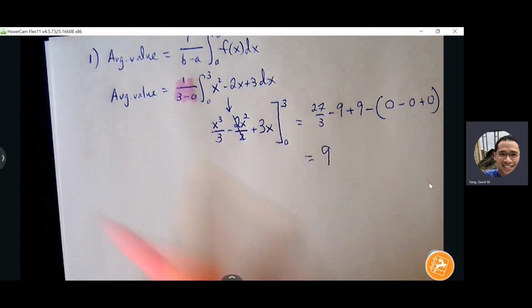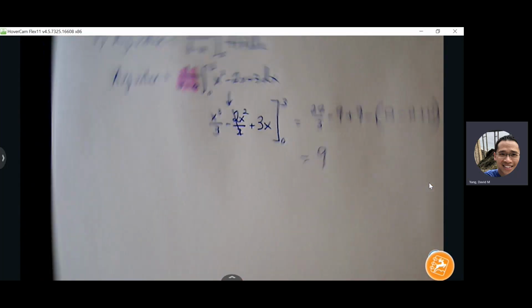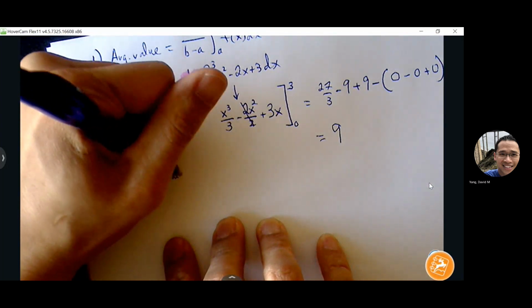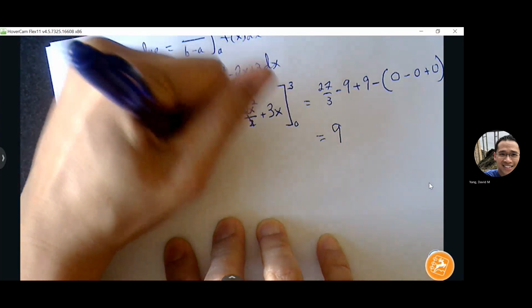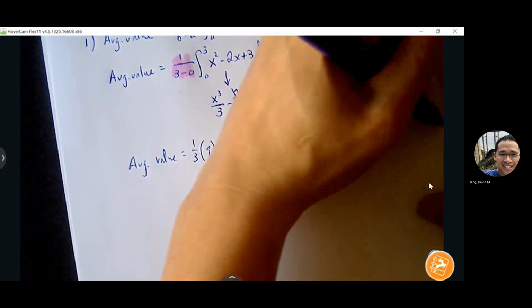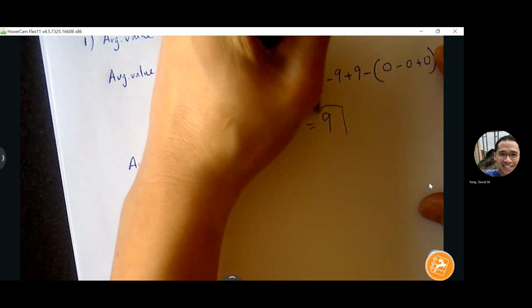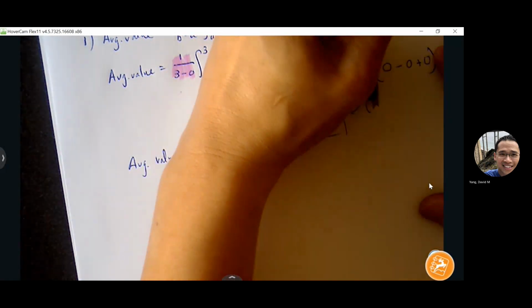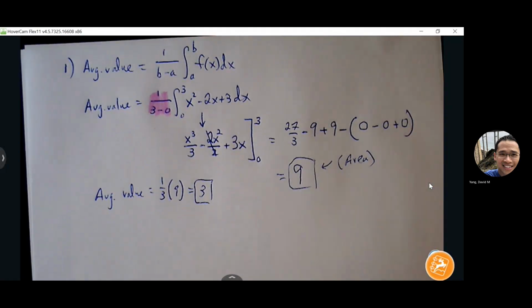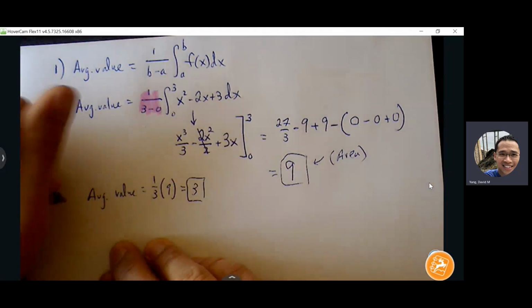So 9 divided by 3, or 1/3 times 9, is our average value. That's part A.